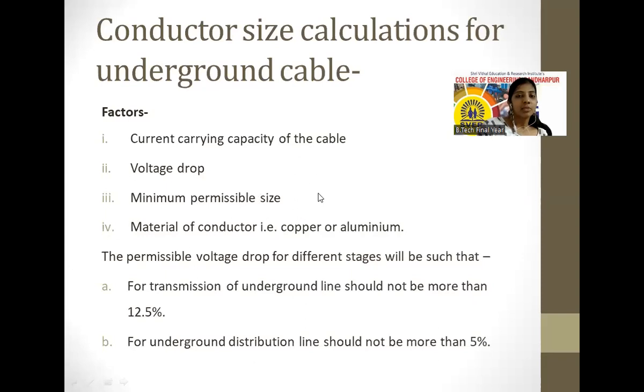Current carrying capacity of the cable, voltage drop, minimum permissible size, and material of the conductor. If the question asks for 4 marks, you have to mention these points and write 2-3 lines below every point.